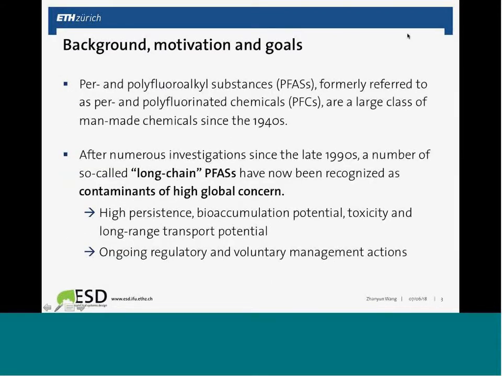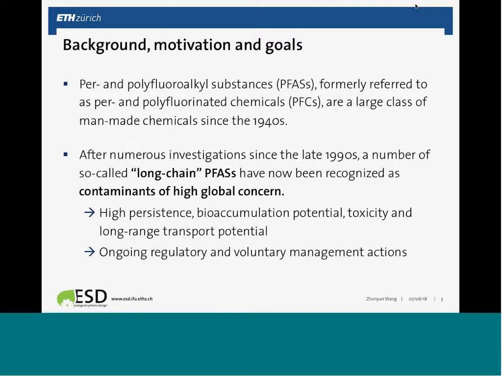I'm now going to talk more about the background of PFAS. I guess many of you are experts in the field. PFASs were previously referred to as per- and polyfluoroalkyl chemicals, PFCs. They are a very large class of man-made chemicals, produced since the 1940s.